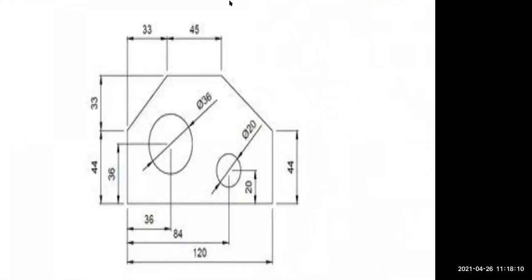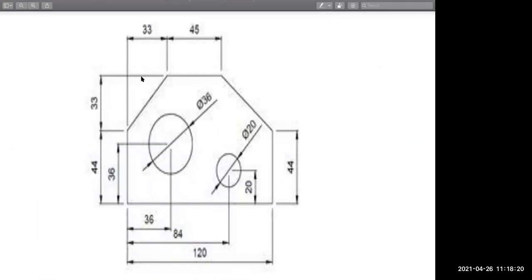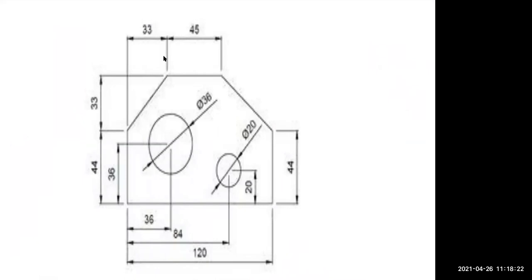Now you can see that the length of this line is not given, neither is the angle of this line given. What is the angle? We don't know. We also don't know the length of this inclined line.